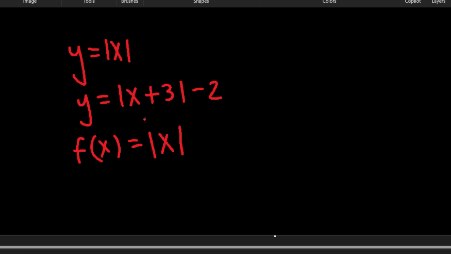To write it in function notation, we'd have to do y equals f of the transformation within the function, x plus 3, and then outside the function, minus 2. Now, we don't use absolute value signs here because this is meant to just show what is happening to the graph. This is meant to show the changes it's undergoing.